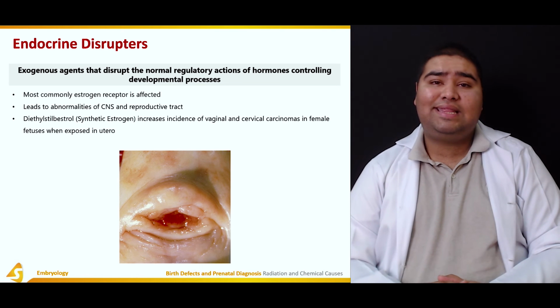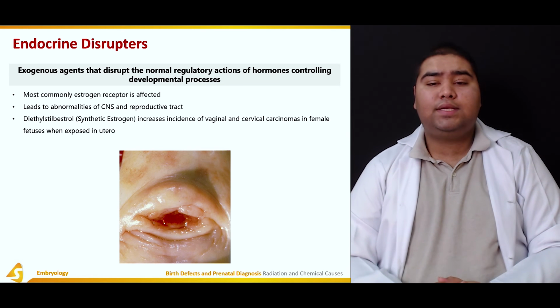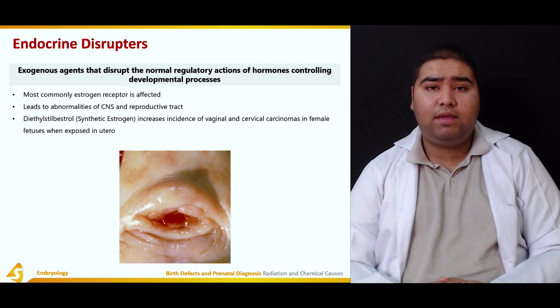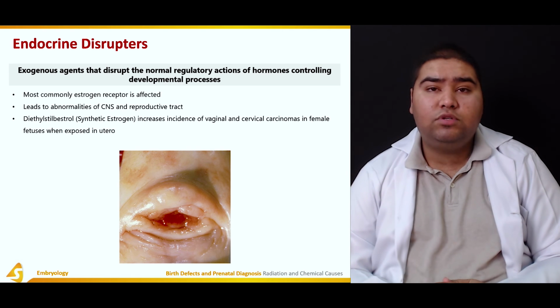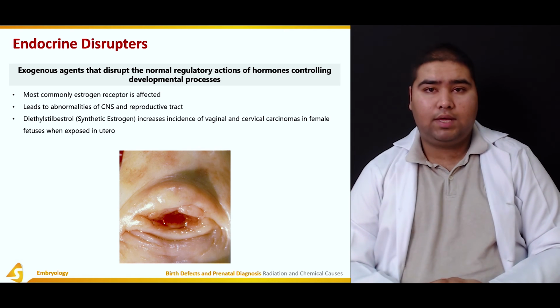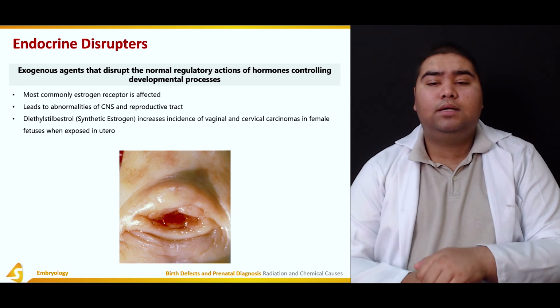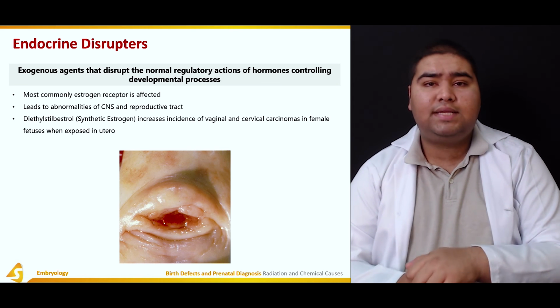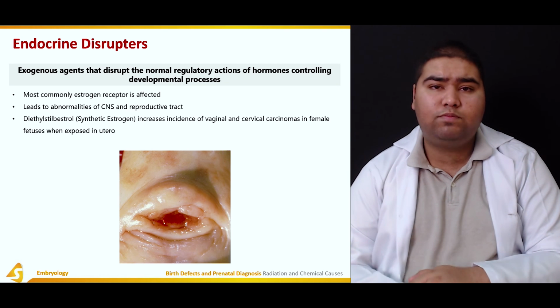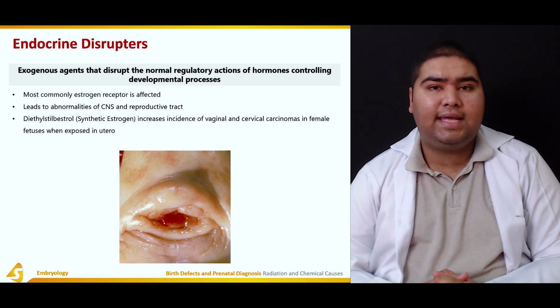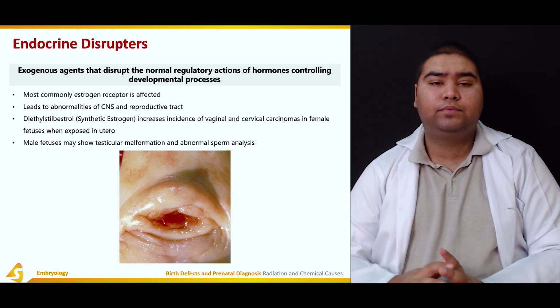Diethylstilbestrol, which is a synthetic estrogen, increases the incidence of vaginal and cervical carcinomas in females when they're exposed in utero. Okay, a very important discrimination is that the fetus has to be female and has to be exposed in utero to increase the incidence of vaginal and cervical carcinoma.